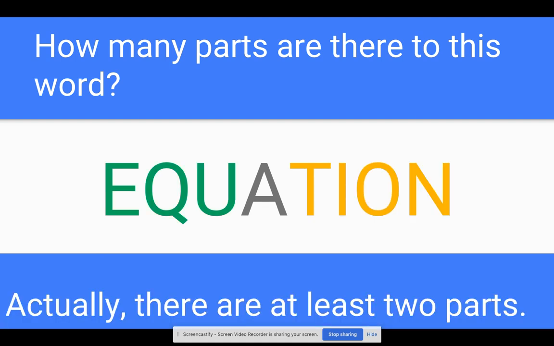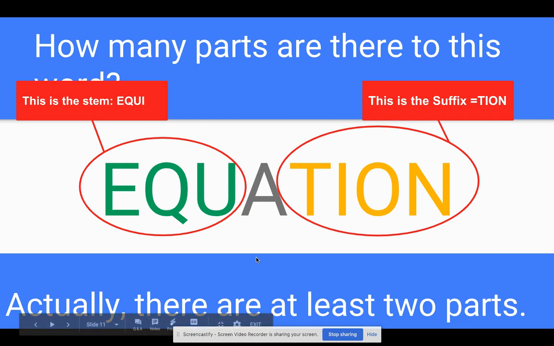So if you slow down a minute and break this word down, there are at least two different parts. You have the equa and the shun here on the end. So this stem here, equa, is related to the stem equi. This is a suffix that means shun.